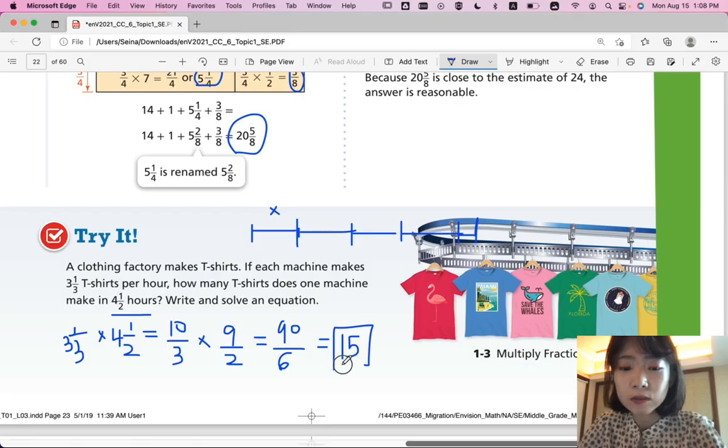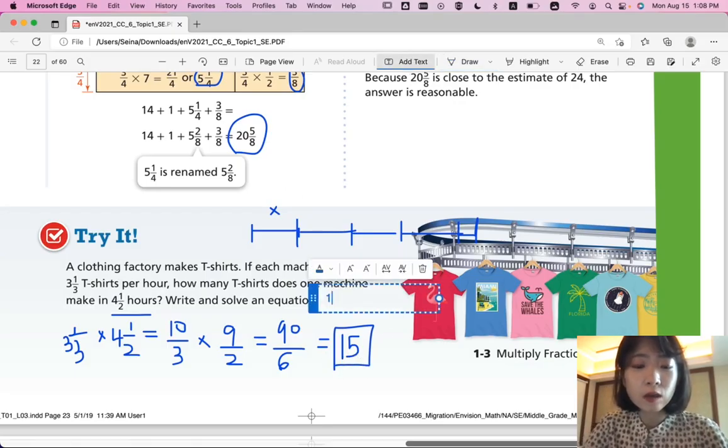So 15 should be your answer. How many t-shirts? 15 t-shirts.